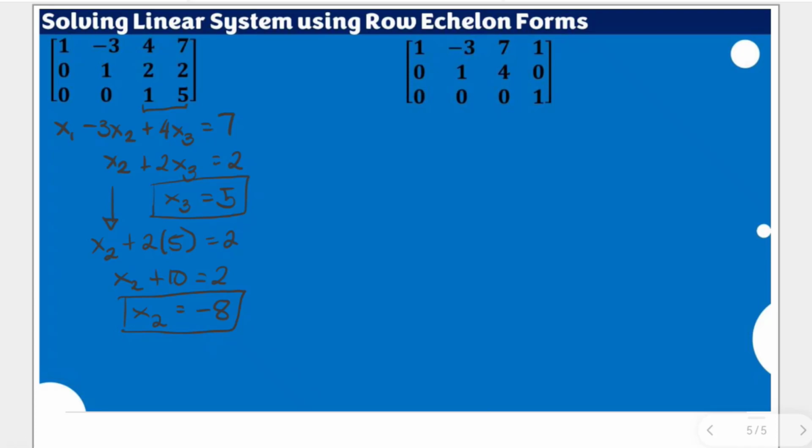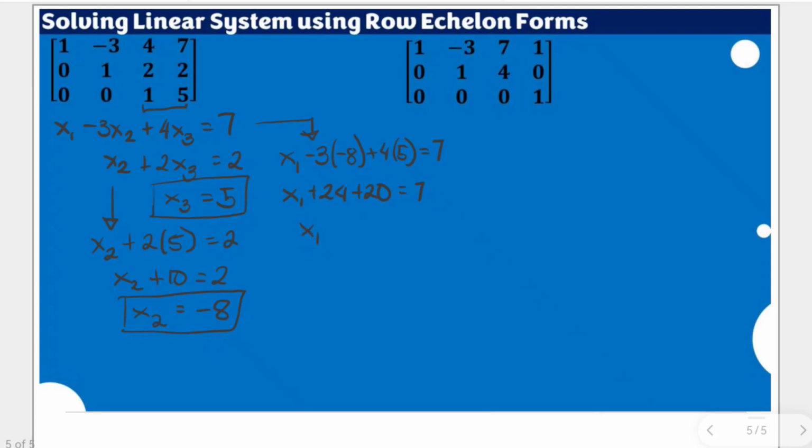And with this, we can now solve for the remaining variable x sub 1, because this would be x sub 1 minus 3 times negative 8 for your x sub 2 plus 4 times 5 as your x sub 3 is equal to 7. So x sub 1 plus 24 plus 20 is equal to 7.